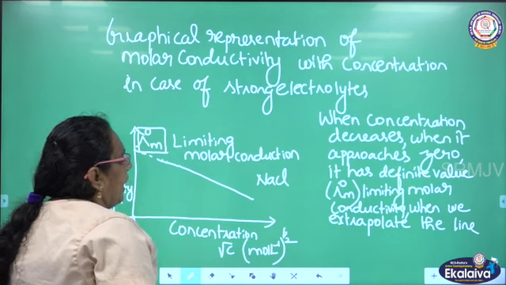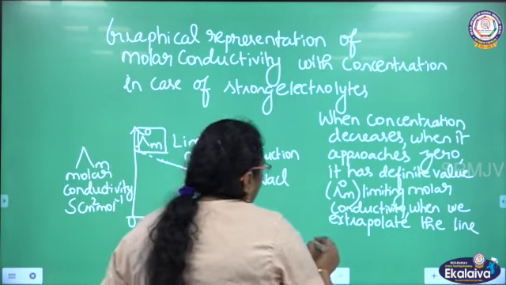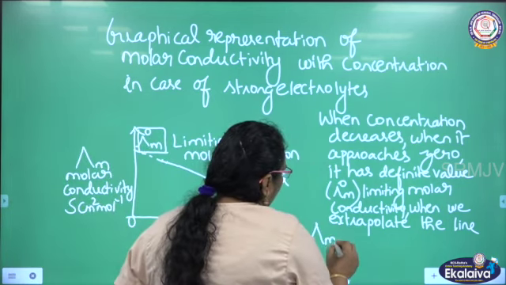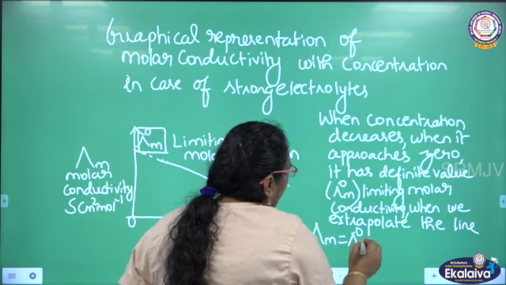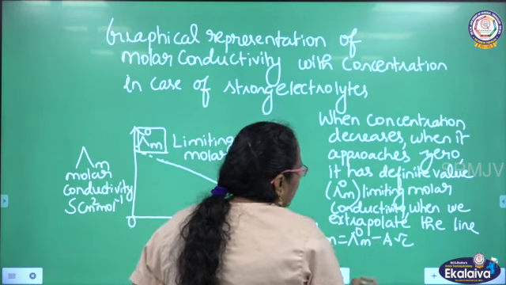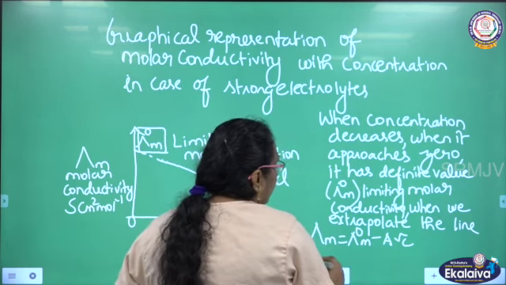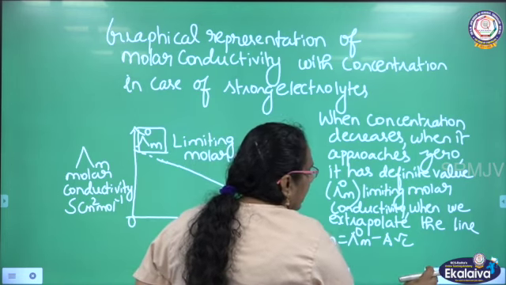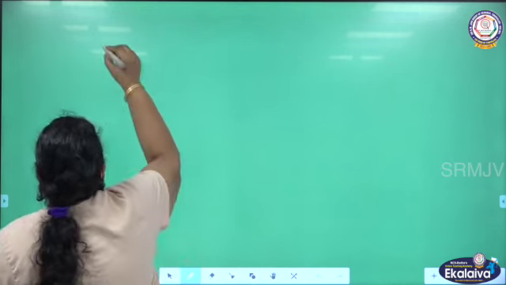The equation is lambda m is equal to lambda naught m minus A into root c. So, what is lambda m?